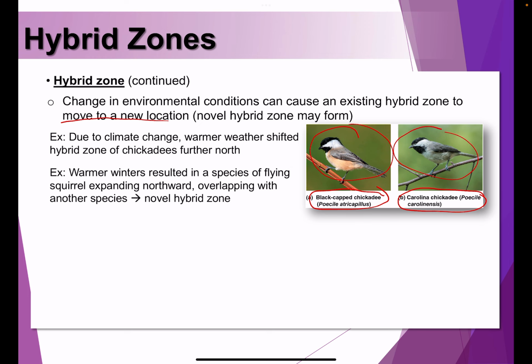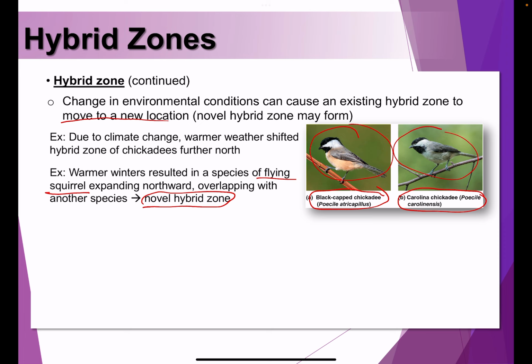Another example is that warmer winters resulted in a species of flying squirrel also expanding northward because it's too hot. Okay, the winters are now warmer. So by them moving northward, their species have overlapped with another species of flying squirrel, again creating a novel hybrid zone, all due to climate change.